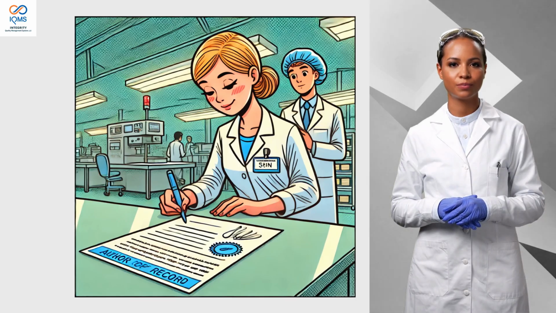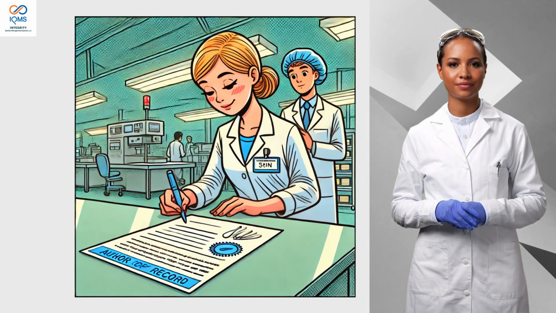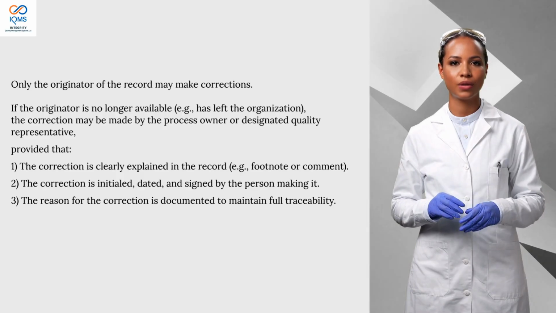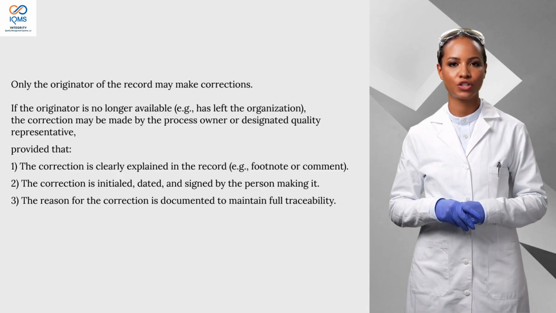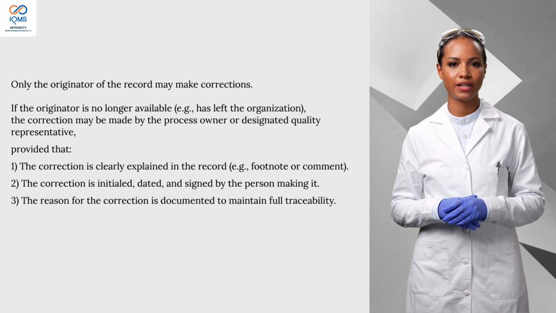Each entry must be attributable to the person making it. Only the originator of the record may make corrections. If the originator is no longer available, for example, has left the organization, the correction may be made by the process owner or designated quality representative, provided that: 1.